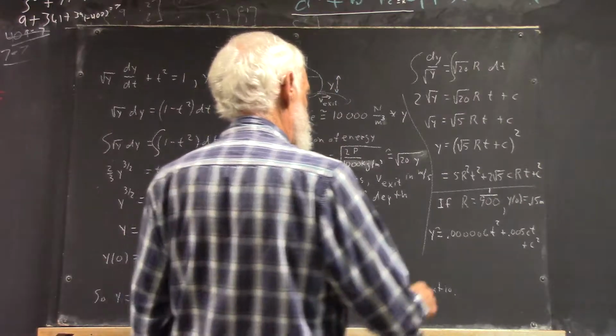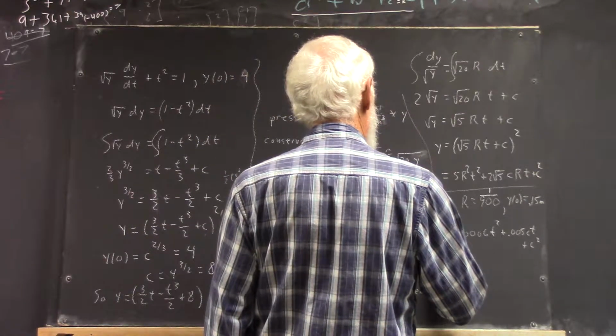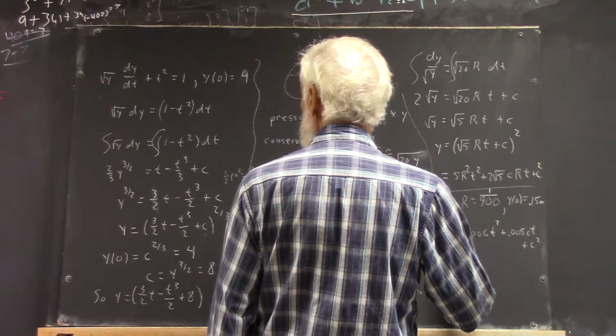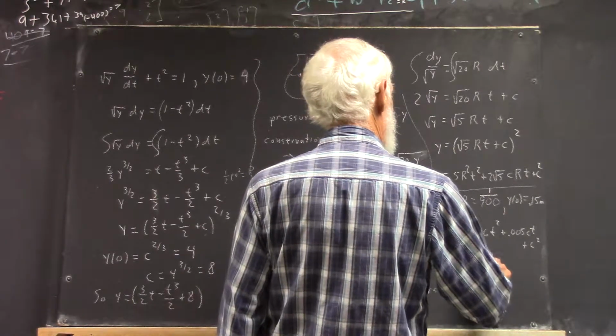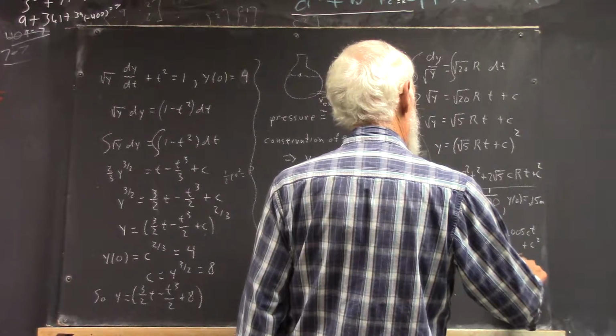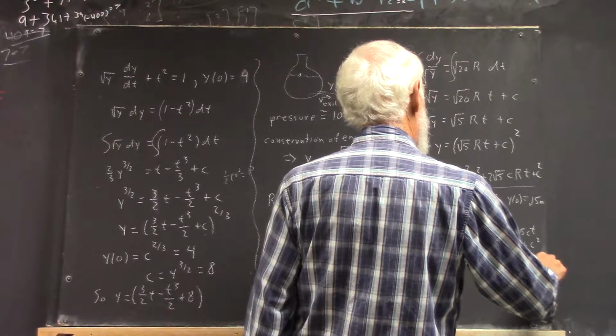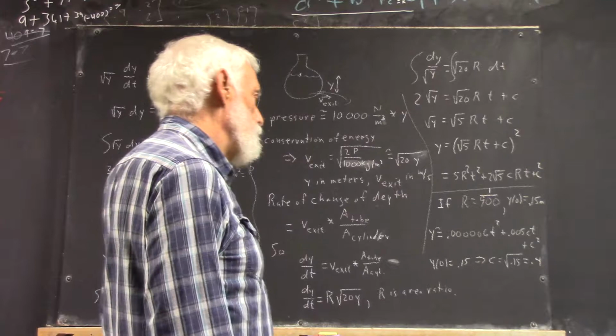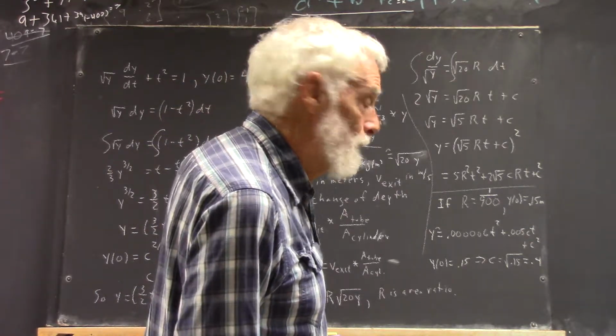And then y of 0 equals 0.15. The square root of 0.15 is pretty close to 0.4.